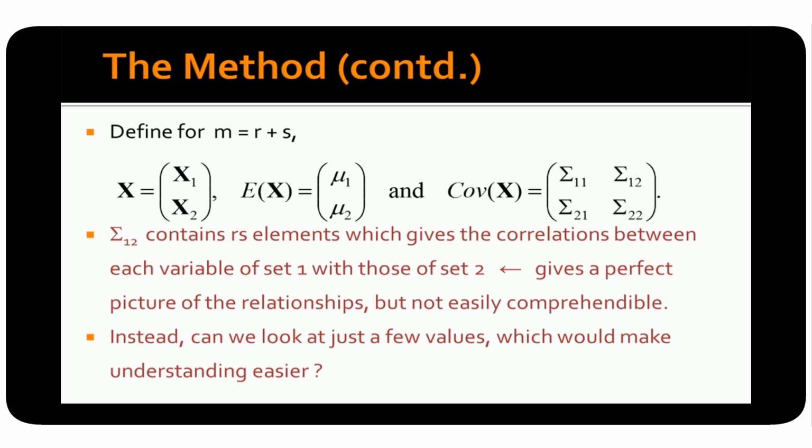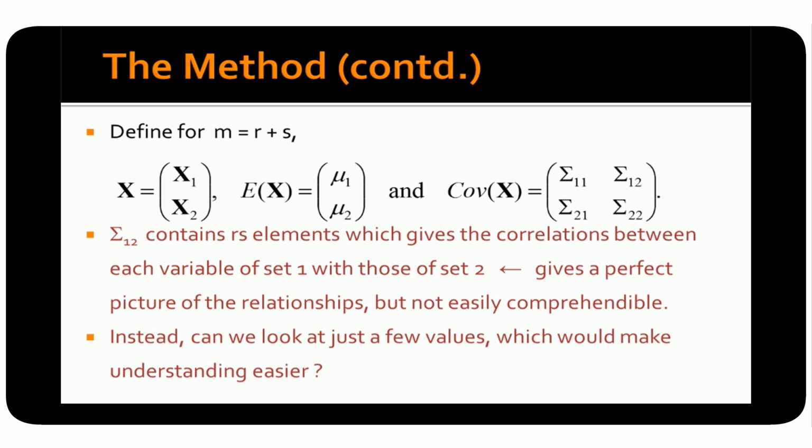But obviously these rs correlations are not too easy to get information from. If you just read out these rs correlations, it will not make any sense. It will give you a very informative idea of how the first set variables are related to the second set, but it will not be comprehensible.